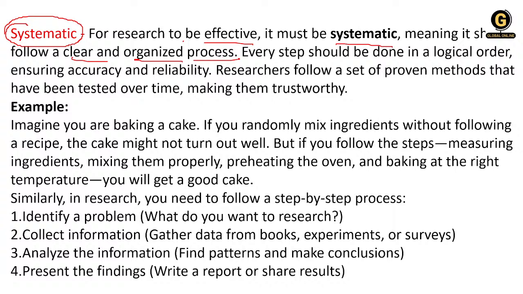That means every research should be conducted by following the steps that we have organized. Research should not be clumsy, like first we identify the problem, then we start collecting the data, then hypothesis testing, then sampling. It is not happening like that. Research has a systematic process.